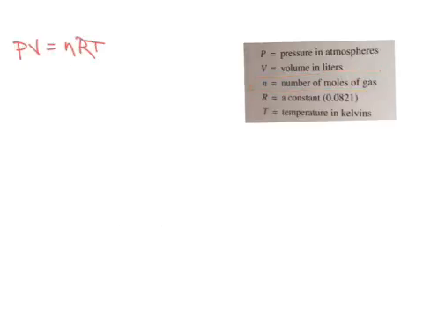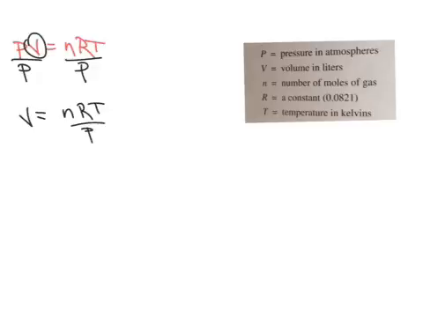Alright, if we look at the next one, example 88.3, let's look and see what they've got there. We are looking for the volume. So we're going to divide both sides by P, and we get V equals nRT over P. And we just, again, plug things in. 0.832 for our n.